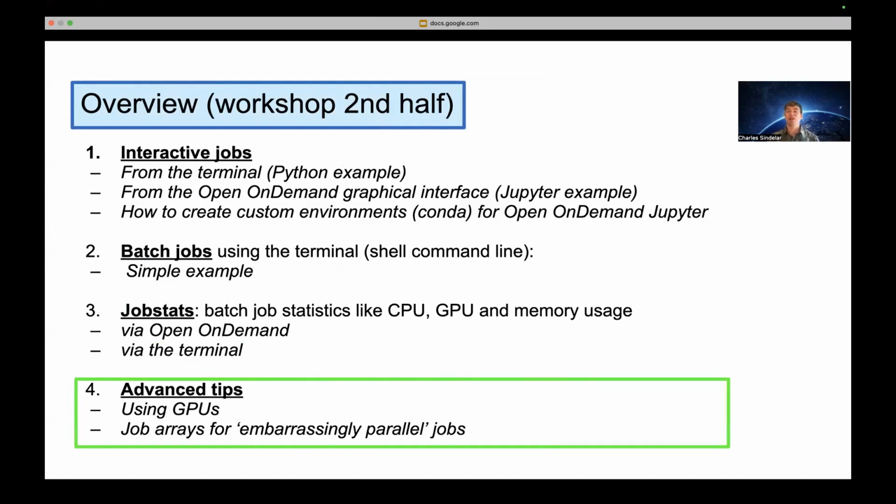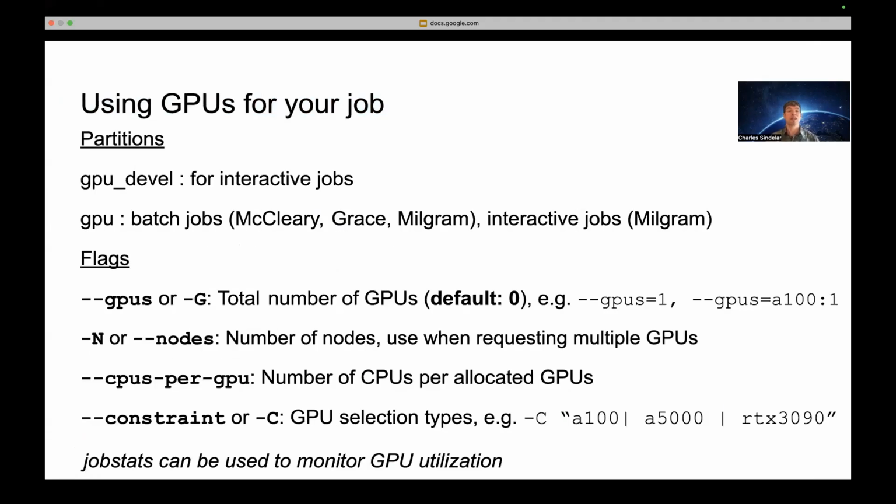And so finally, I'd like to take you through some tips for more advanced resources on our clusters, namely GPUs and methods of parallelization. And this is just really brief. So to use a GPU on the YCRC clusters, you will have to add additional Slurm options. And so these are the ones that you need to know.